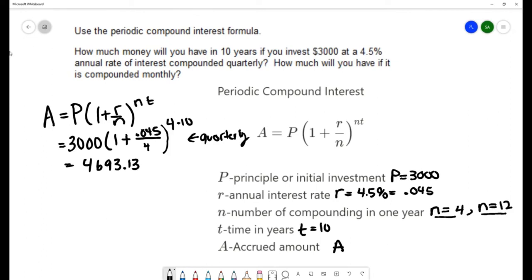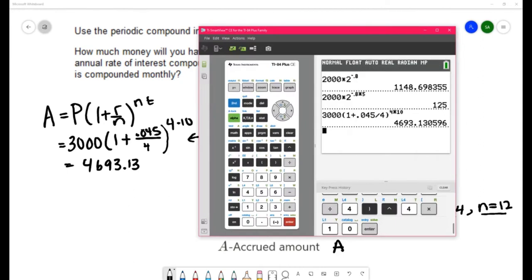Now, I want to show how we can calculate this if you have a less advanced calculator. If you don't have a calculator where you can type the whole thing at once, what I'm going to do is follow order of operations. So I'm going to do the operation inside the parenthesis first, and I'm going to do the division before the addition. I apply the exponent before I do the multiplication.